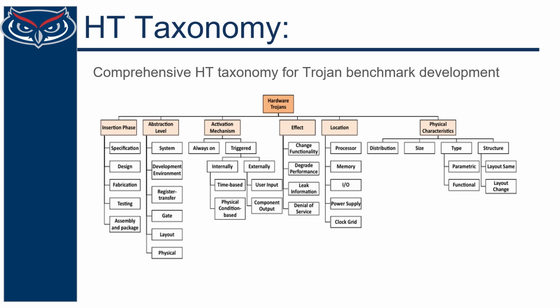And the second one is abstraction level. In this abstraction level, the level of abstraction determines the control and flexibility of a Trojan implementation. At the system level, a circuit is defined in terms of modules and interconnections between them, limiting an adversary to the modules' interfaces and their interaction.